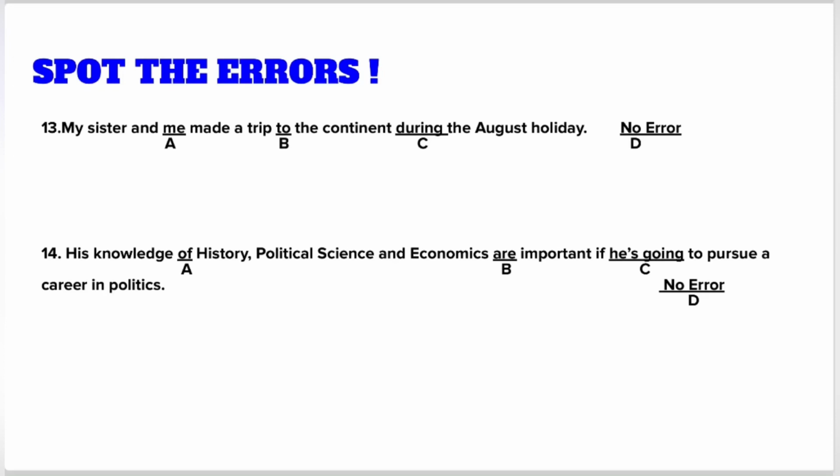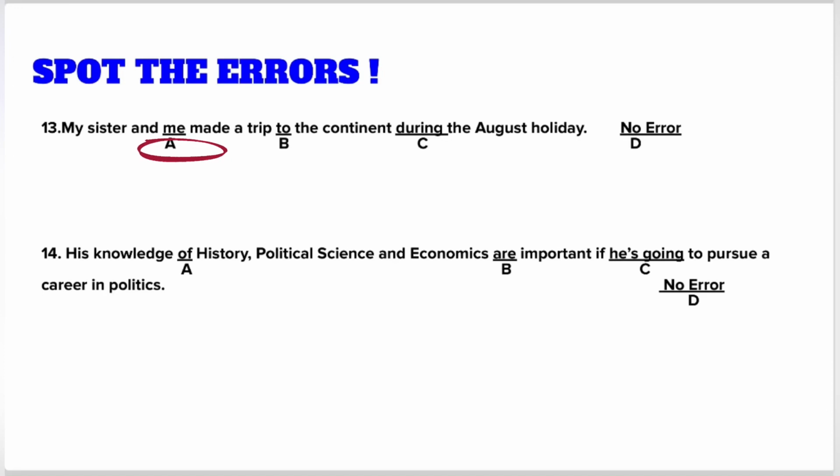And number 13, my sister and me made a trip to the continent during the August holiday. Good job. The error there is A, me, because we're looking for the subject pronoun. The sentence should have read, my sister and I. So the error is A.